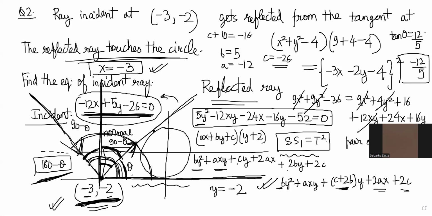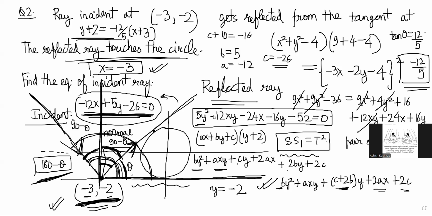I need the slope of that line, which will be tan of 180 minus theta, so minus 12 by 5 is the slope. The equation would be y minus minus 2 is equal to minus 12 by 5 times x plus 3, correct? I hope you are understanding. Okay, let's move on to the next one.